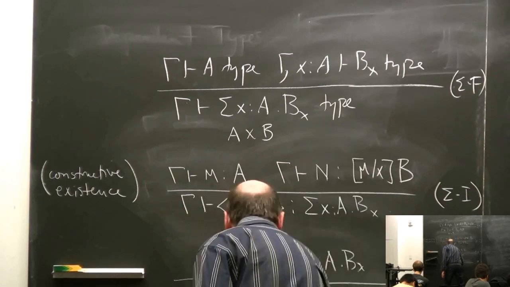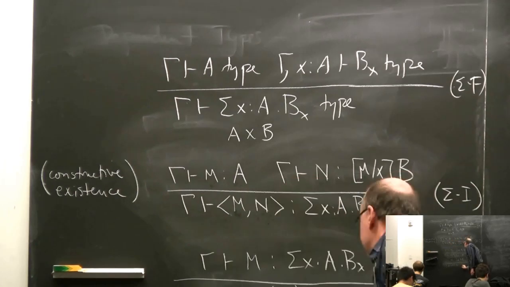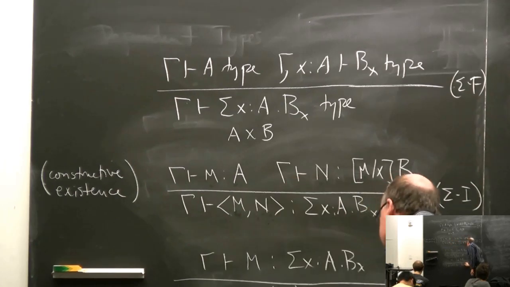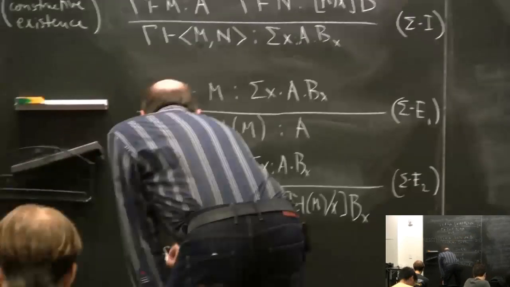And then here's the critical thing. I can form the second projection, but its type is dependent on whatever the first projection is. All right, that's necessary. And then we have the beta eta rules that you would exactly expect.